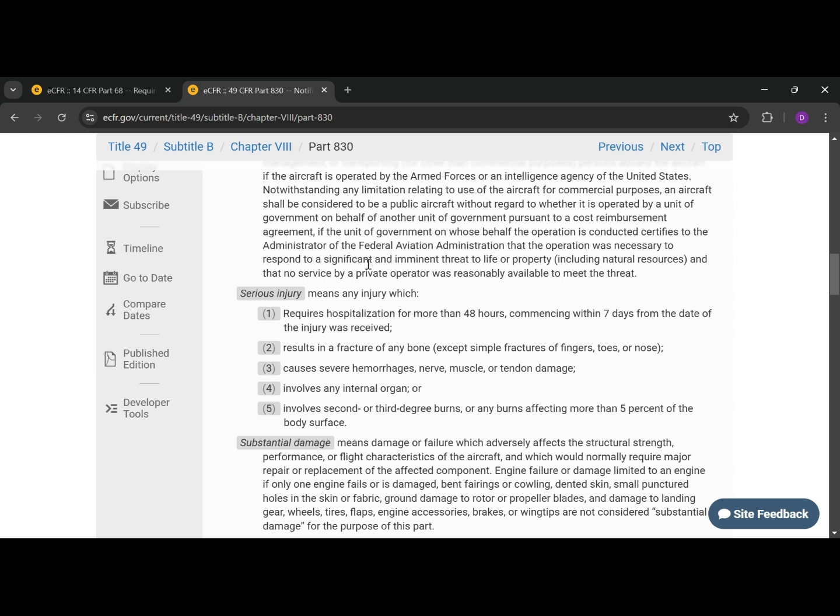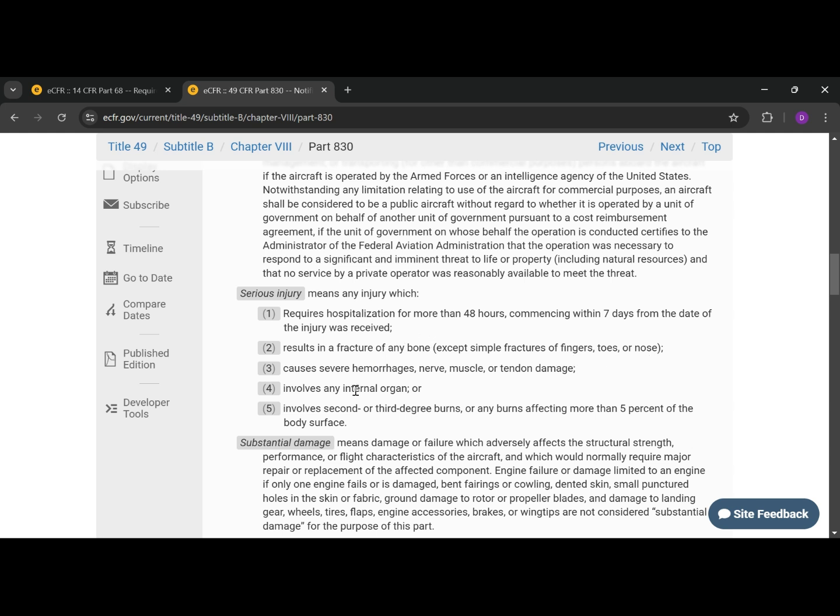Serious injury, I find this definition kind of funny, means any injury which requires hospitalization for more than 48 hours, commencing within 7 days from the date the injury was received. Now that's understandable. Results in a fracture of any bone, except simple fractures of fingers, toes, or nose.